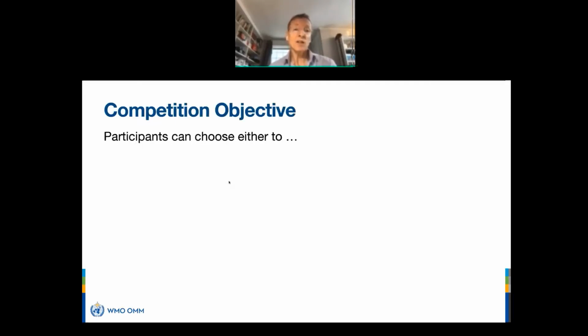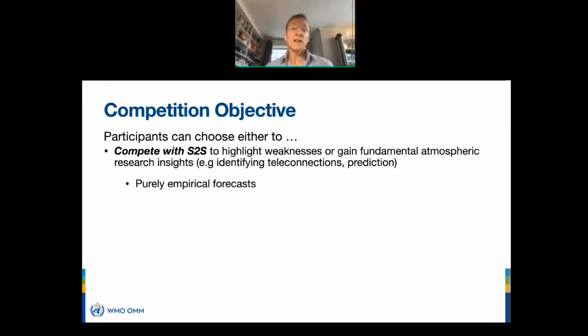And so in terms of the types of machine learning that Peter had outlined at the beginning, we're basically thinking of two types here. Either to compete with S2S, so in terms of purely empirical forecasts, we know there's several of those out there where people are actually using machine learning to make empirical S2S forecasts.